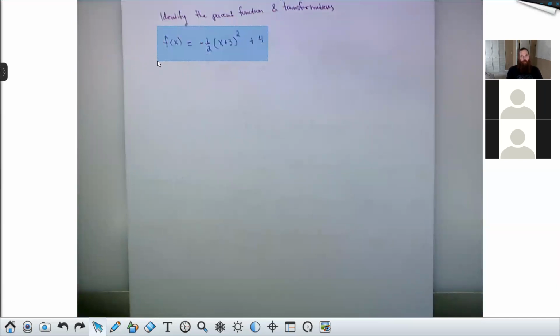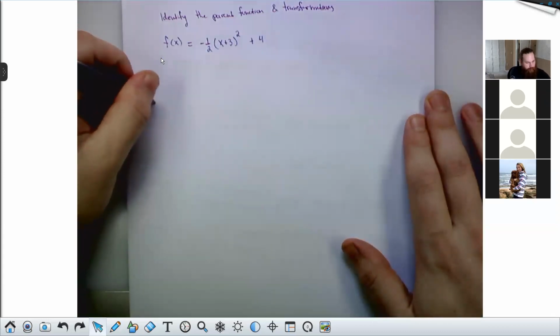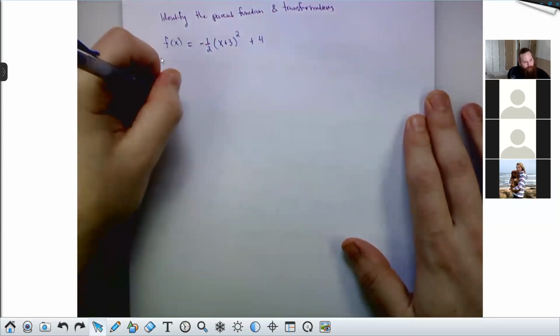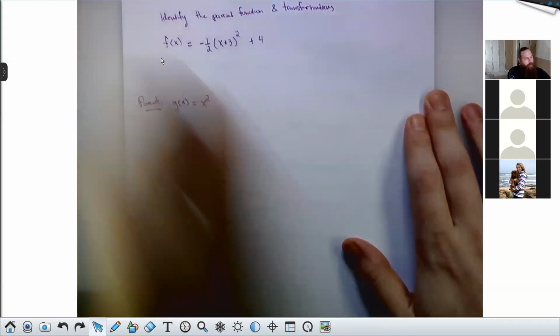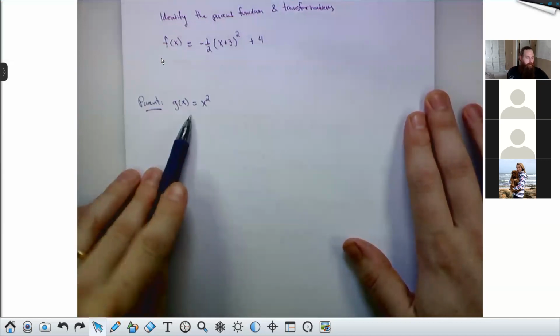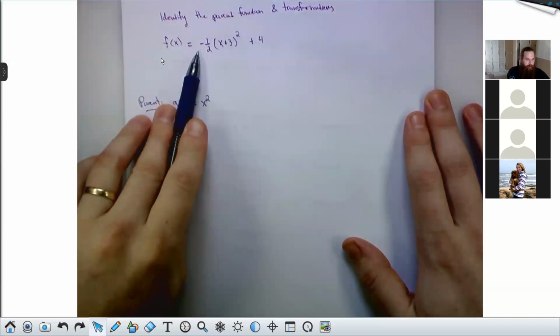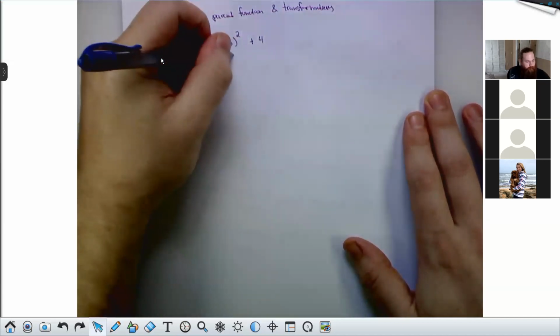So first things first, what's the parent function here? X squared. Good. Now, what sort of transformations must one apply to this in order to get this? Let's start with the stuff that we've been doing.